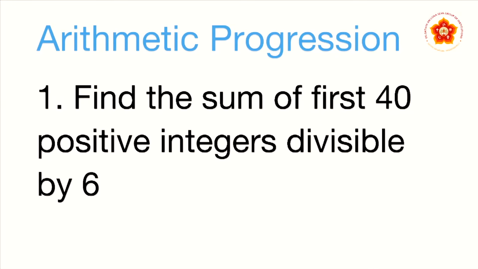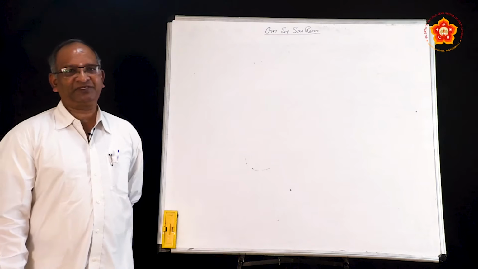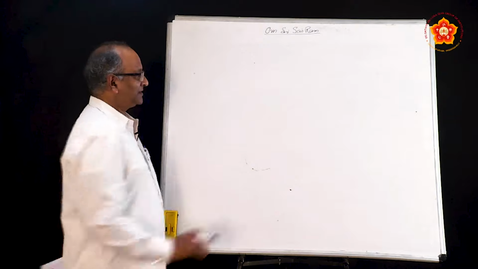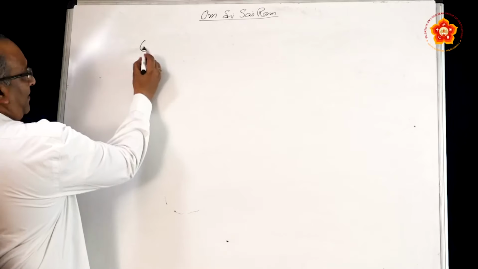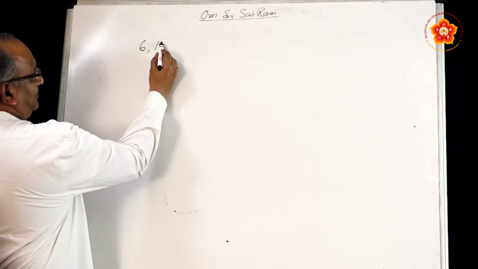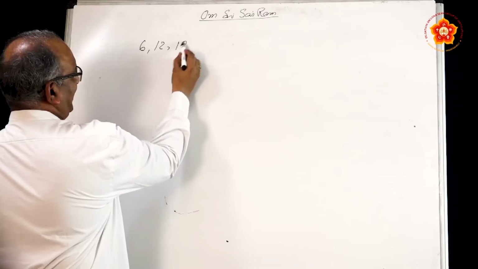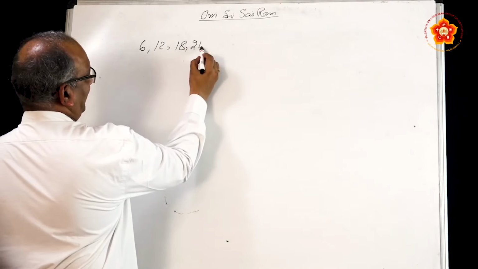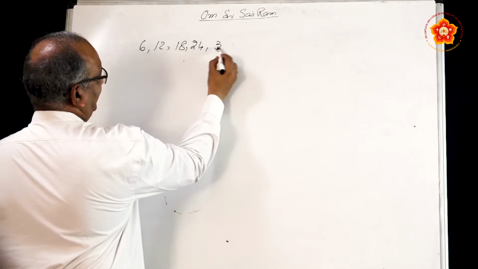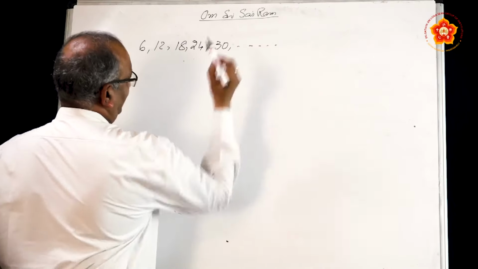The problem says, find the sum of first 40 positive integers divisible by 6. So, what is the first number which is divisible by 6? 6 itself. The next number is 12, next is 18, next is 24, and then 30, and it goes on.